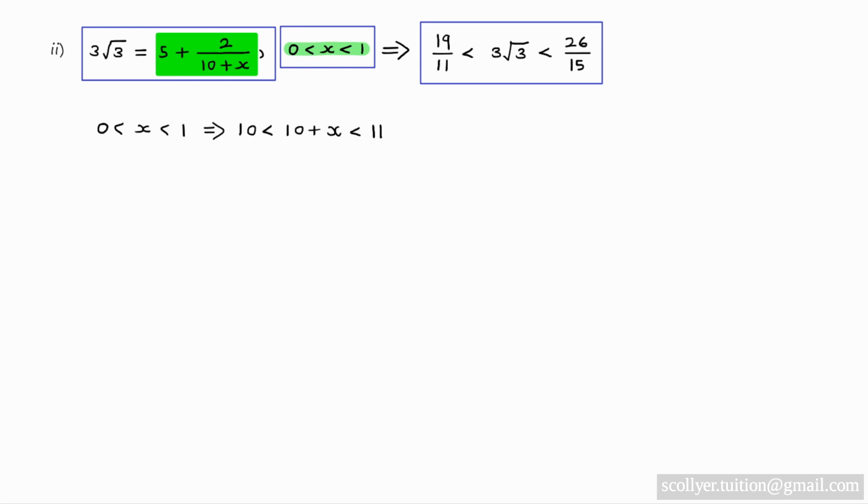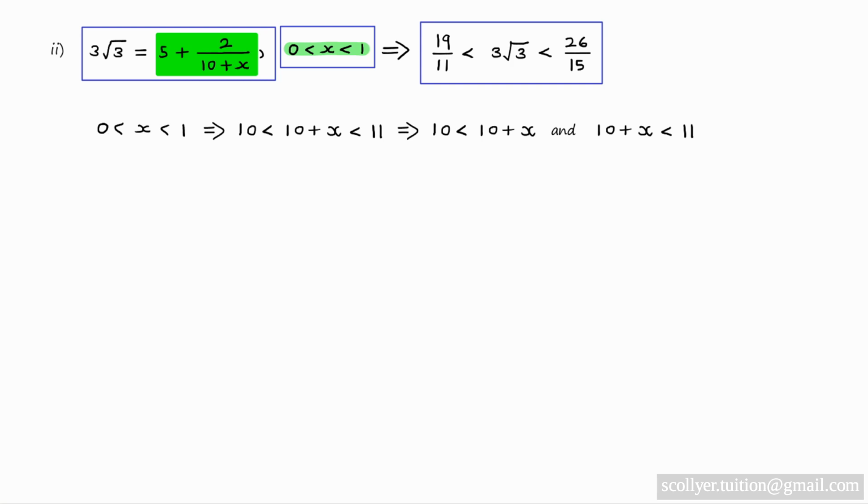So we start with 0 is less than x, x is less than 1, and we add 10 to both sides to construct the inequalities 10 is less than 10 plus x, 10 plus x is less than 11. Which we can separate into the two distinct inequalities 10 is less than 10 plus x and 10 plus x is less than 11.